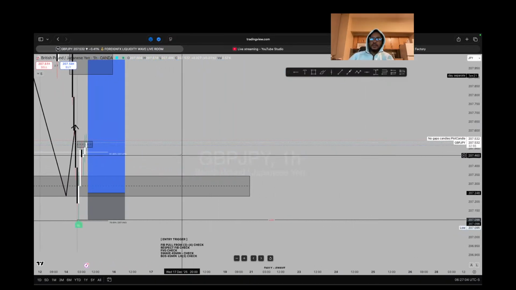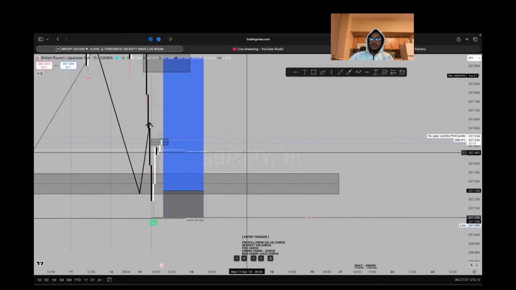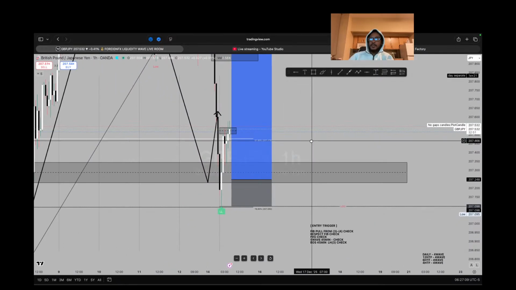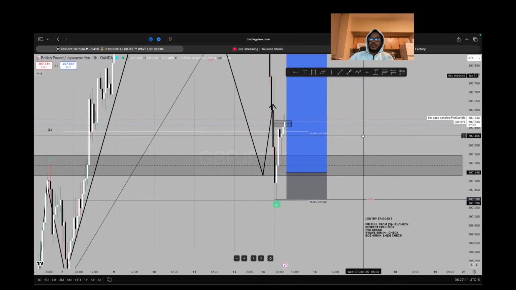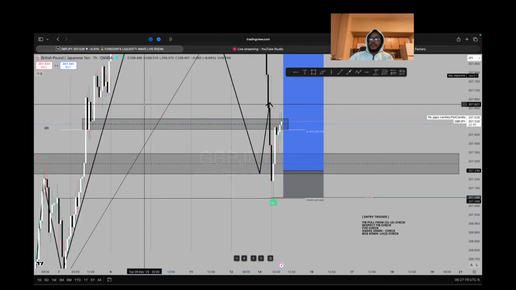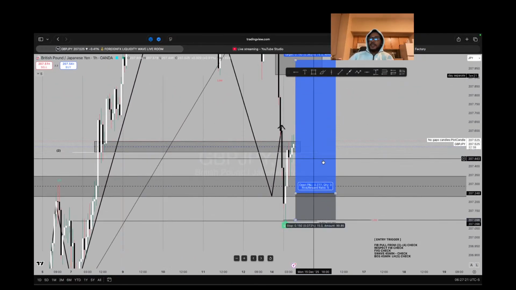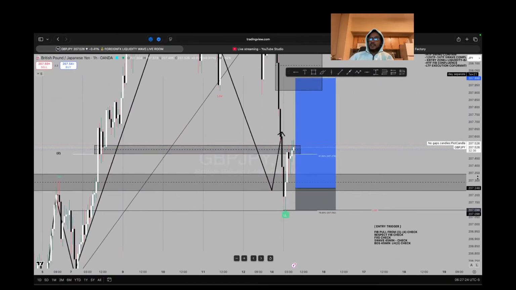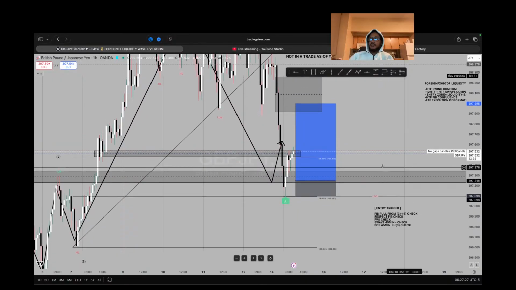I know we've been maintaining the fair value gap and that swing structure on the lower time frame. And even if I look to my left with my fib, this is a support area, so we're maintaining that resistance.